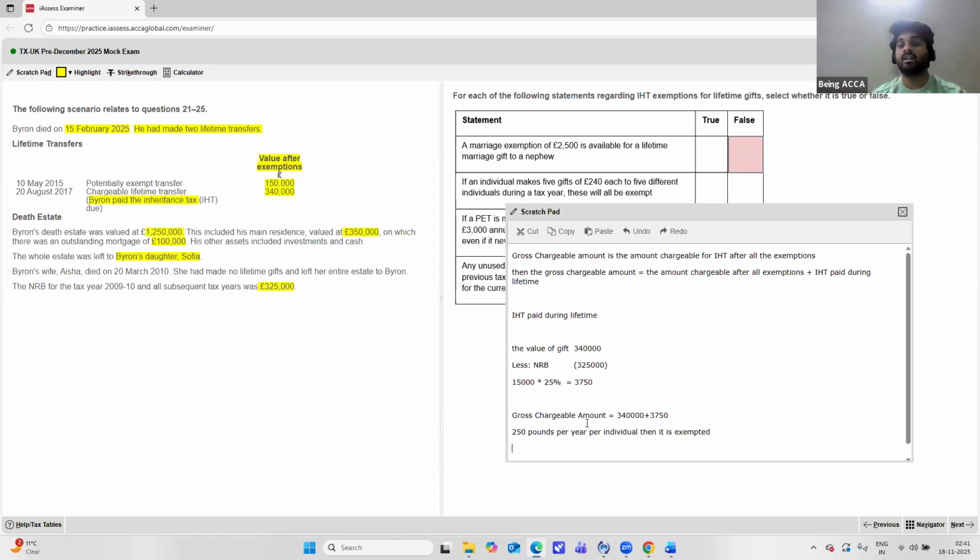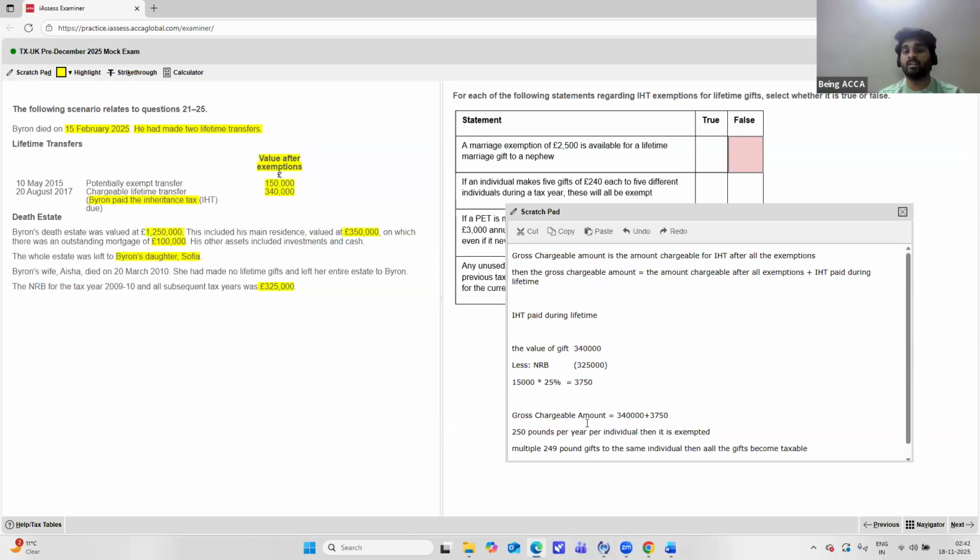Okay. But if you make multiple gifts of £240 to the same individual, then all the gifts will become taxable. Always remember this key point. If you make multiple £249 gifts to the same individual, then all the gifts become taxable.